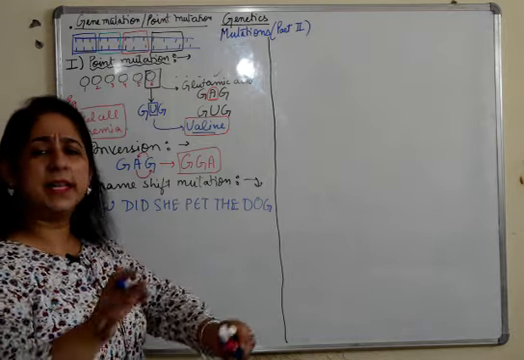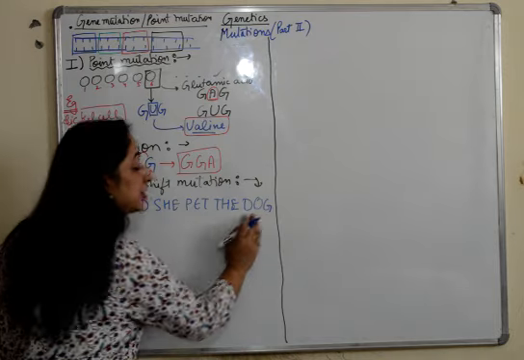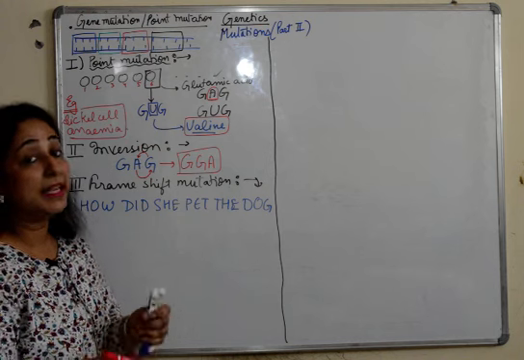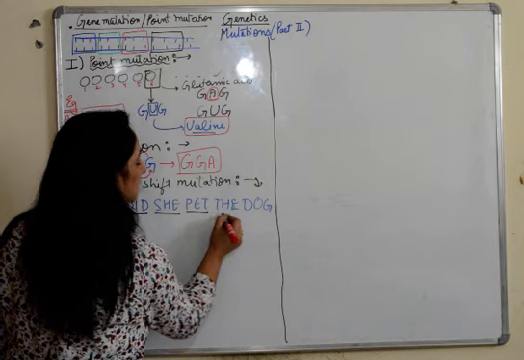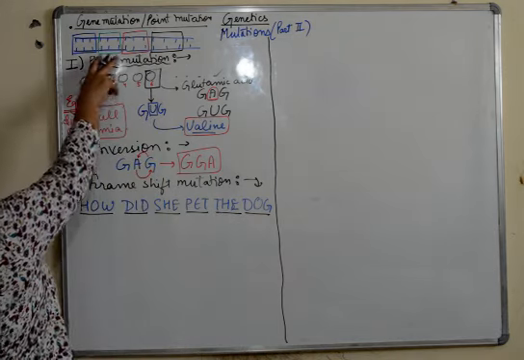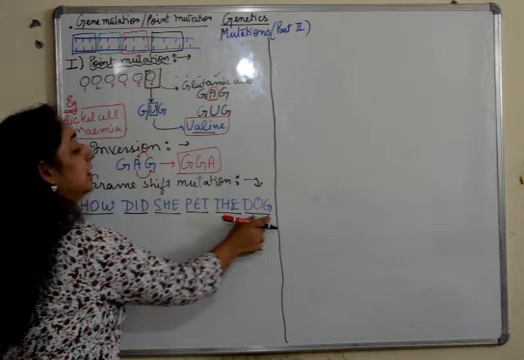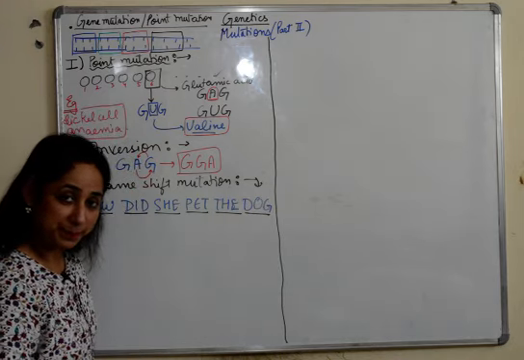This is just the explanation. The sentence does not have any meaning here. Now, frame shift mutation, why have we taken this sentence? Because there are three alphabets in each word. How did she pet the dog? 3 letters per word, and we know that a gene is read as a triplet. So consider it as one gene. This is a sentence which is making sense.